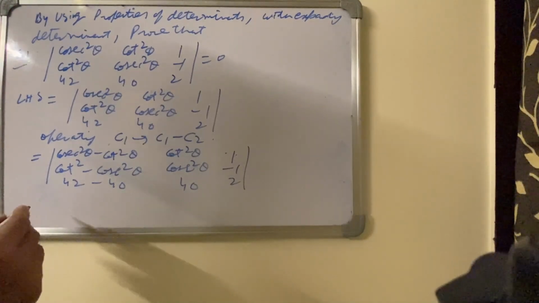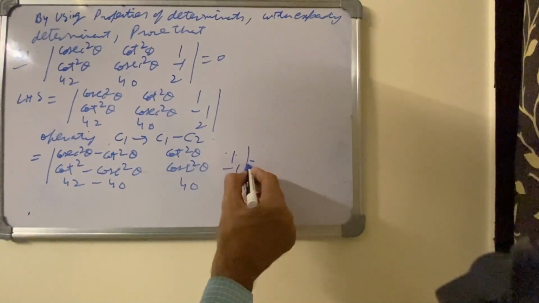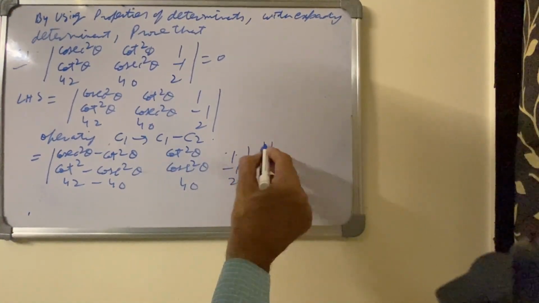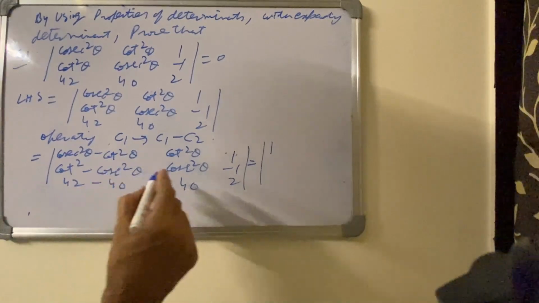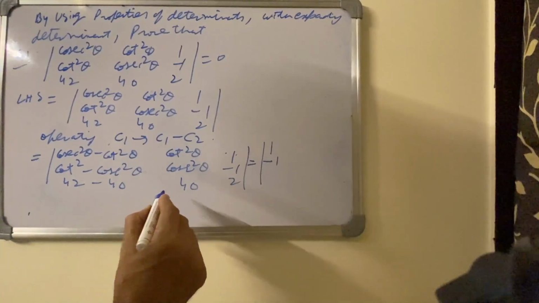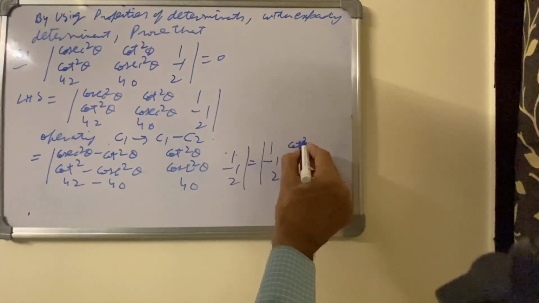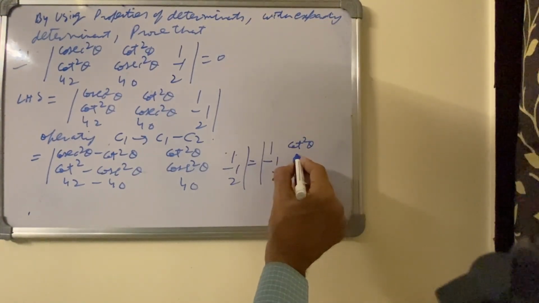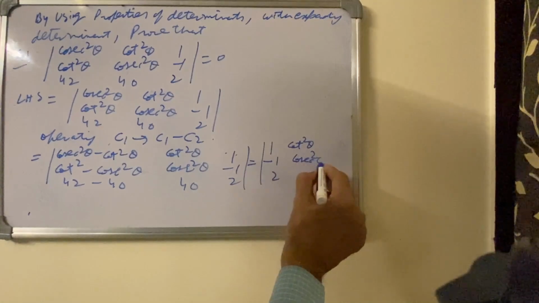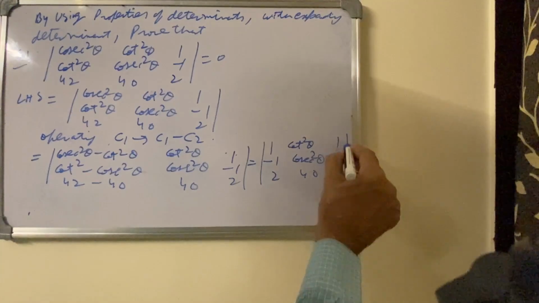As we already know, cosecant square theta minus cot square theta is 1. Cot square theta minus cosecant square theta is minus 1. 4, 2 minus 4, 2 is 2.